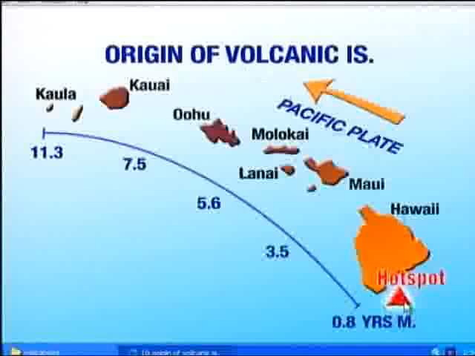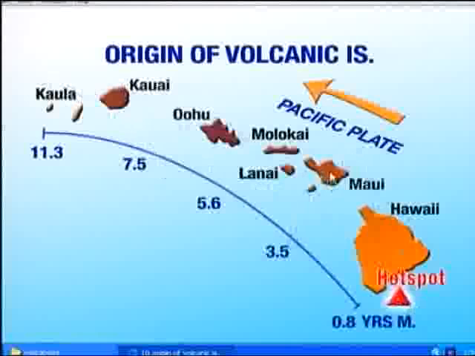Remember, a hotspot is static, whereas a plate moves. This means that the island of Kauai, about 11.3 million years ago, was here. So as the plate moved, other islands popped up from this hotspot.